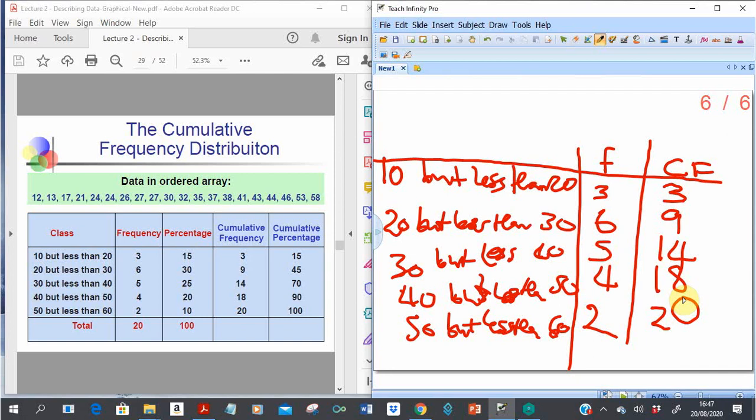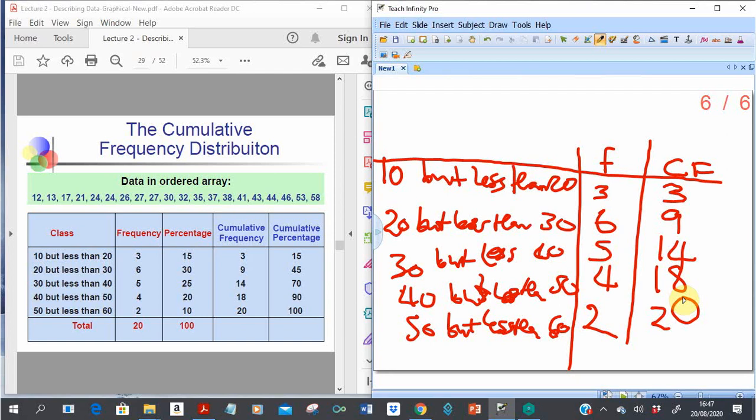Okay, so that is how we get the cumulative frequencies. Now to get the percentages, again, what we do here is you get the cumulative frequency and divide by 20, multiply by 100. So for the first one, 3 over 20 times 100, 15.